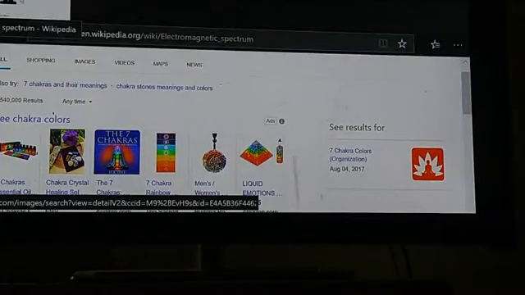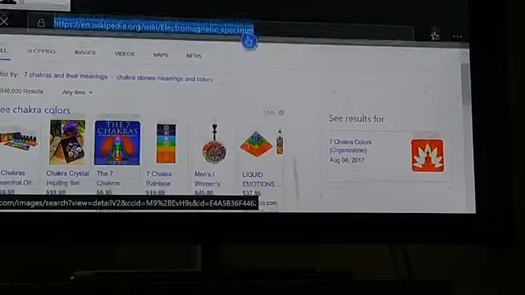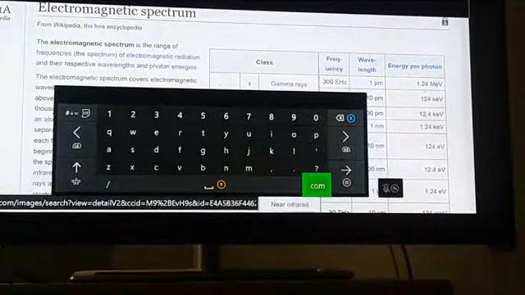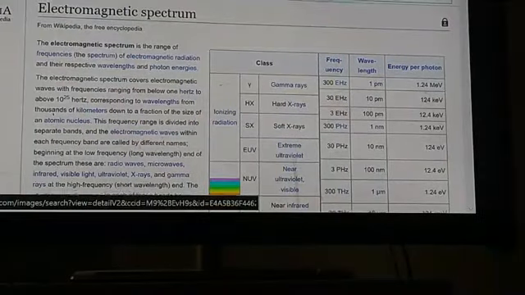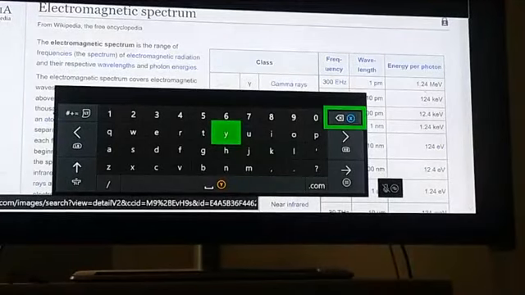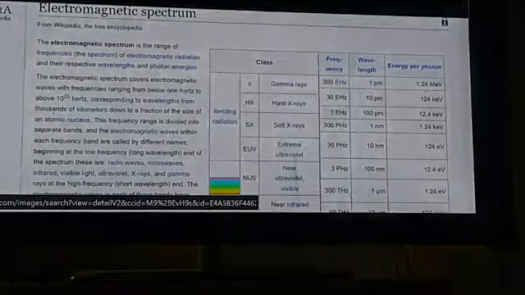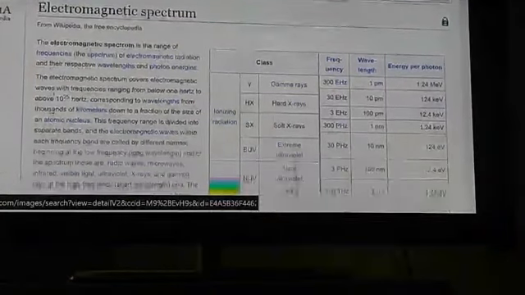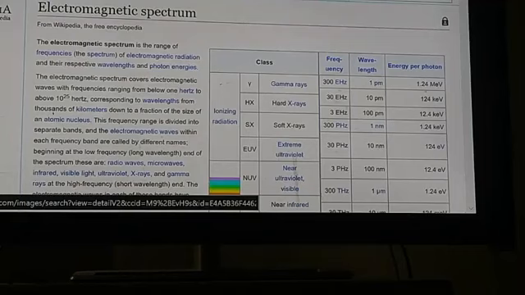I hate when it does this. Come on, I can't even scroll anymore.